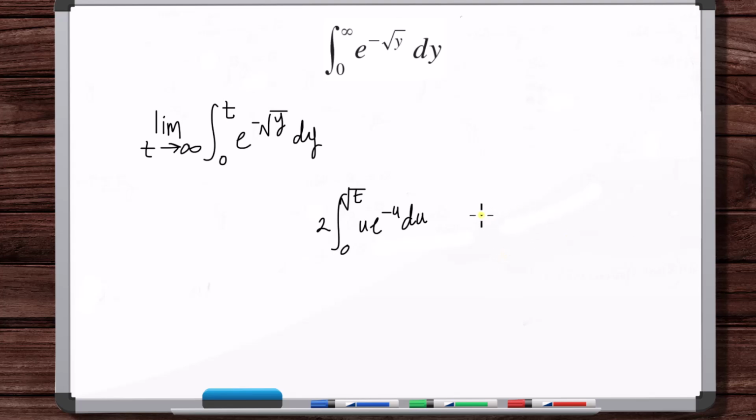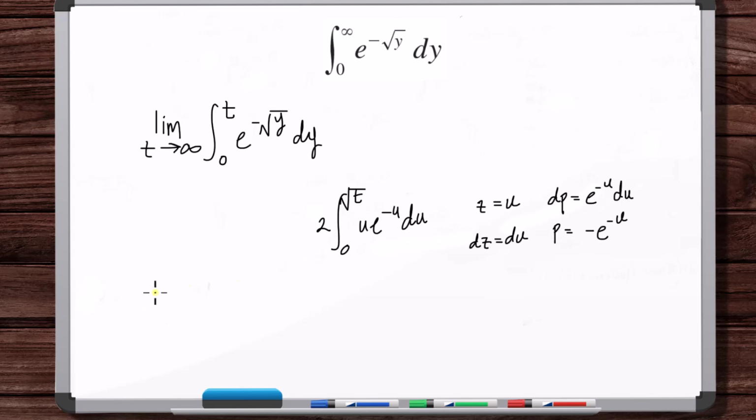We're going to say that z is equal to u, dp is e to the minus u du, so p is equal to minus e to the minus u, and dz is du.